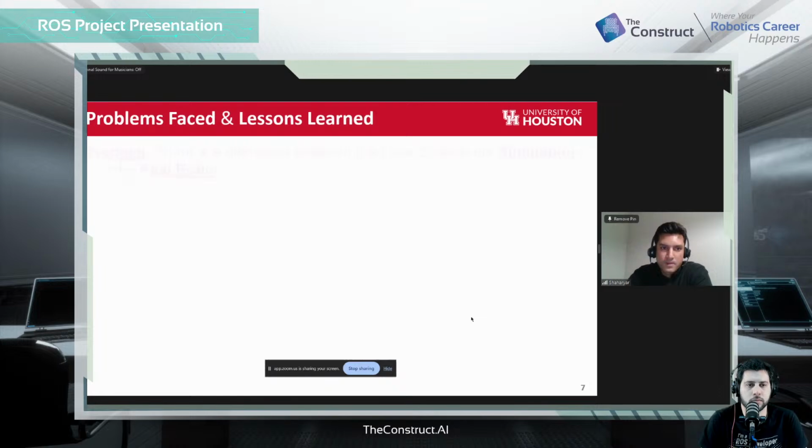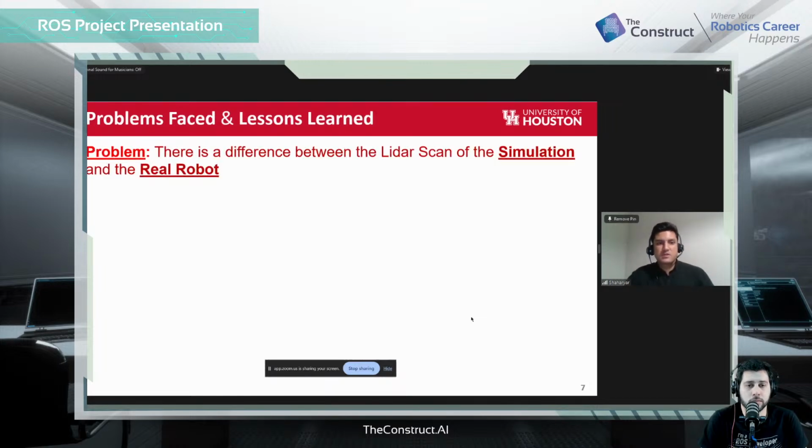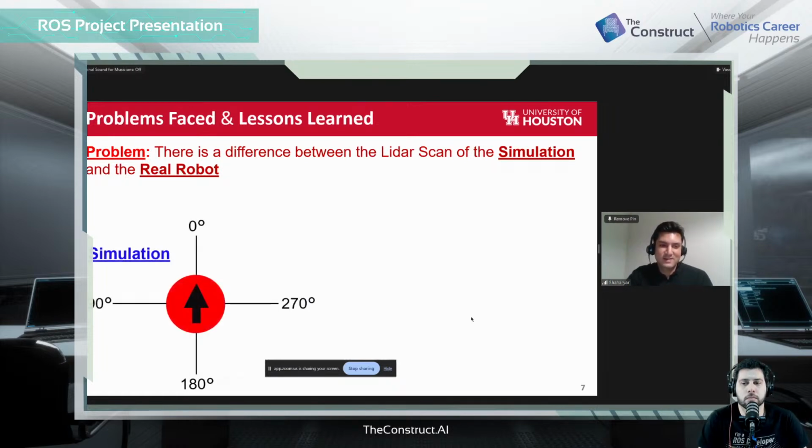The second problem which I faced is that there is a difference between the lidar scan of the simulation and the real robot. In simulation, if we take the lidar reading at 270 degrees, it gives a perfect reading of exactly 90 degrees, the right side.